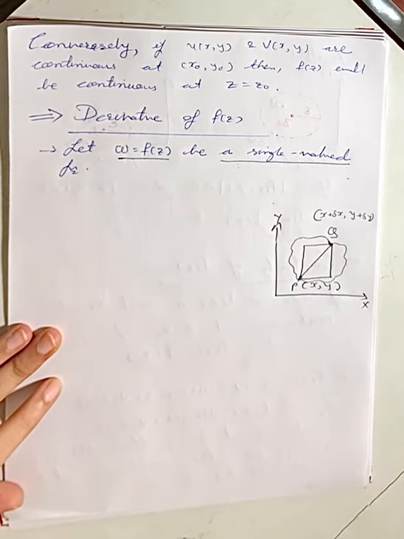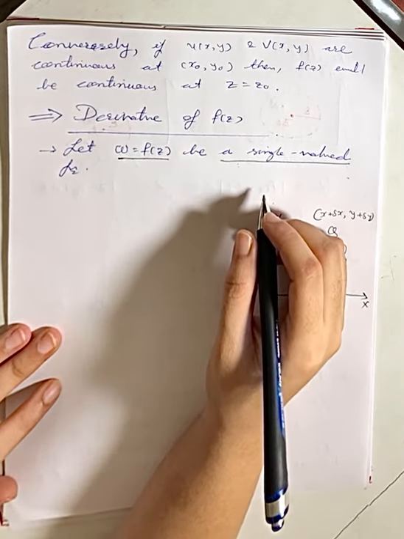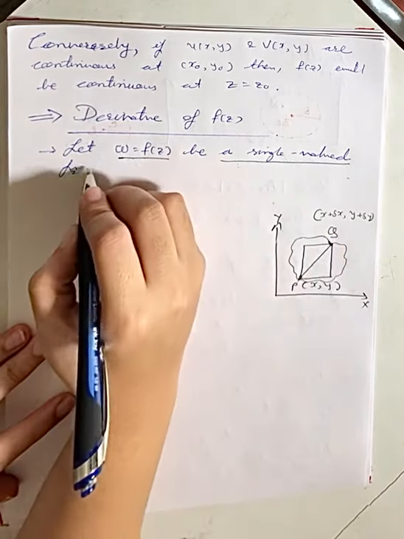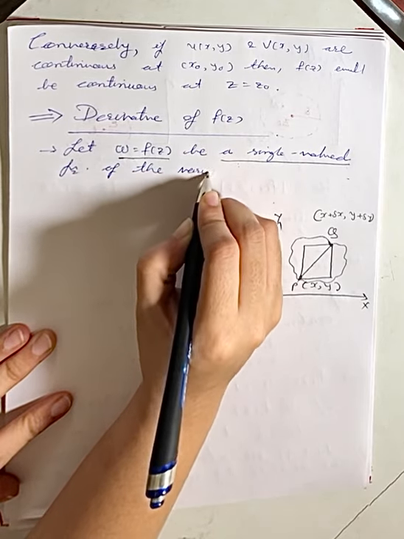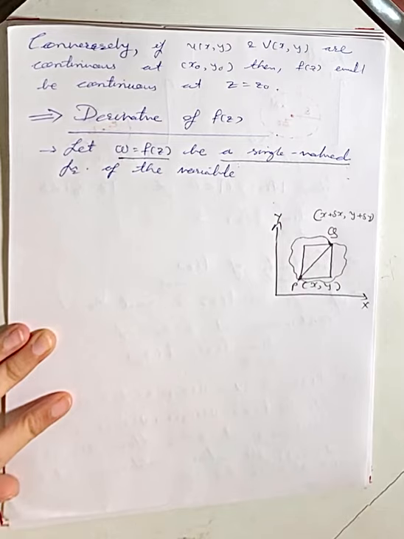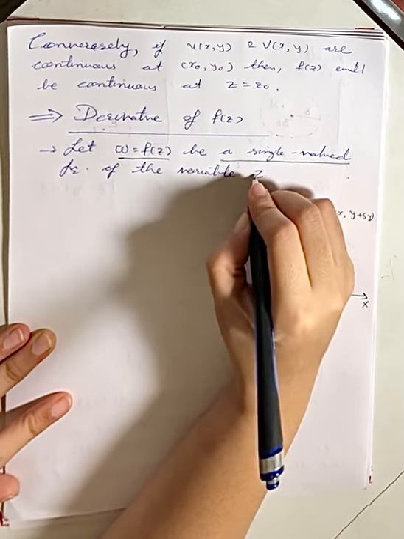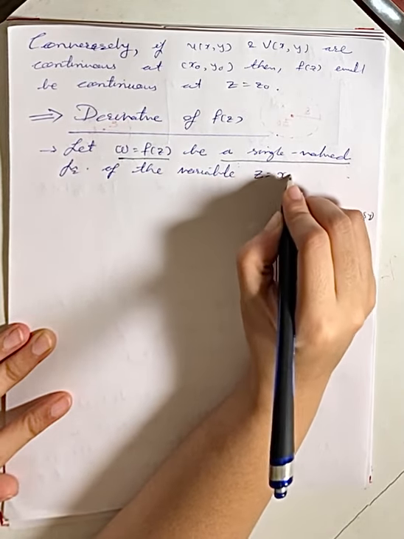Okay, so here we define this f of z to be a single valued function of the variable z equals x plus iy.